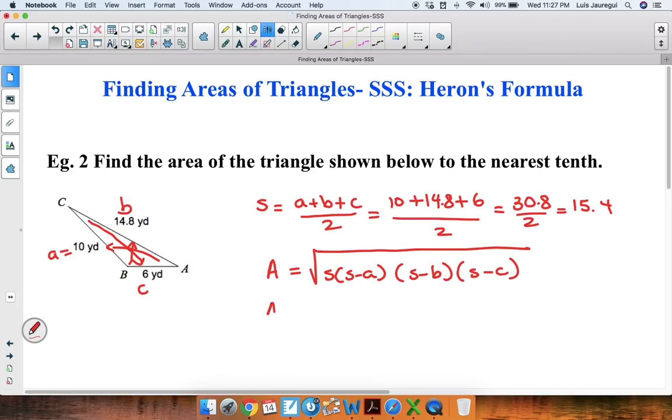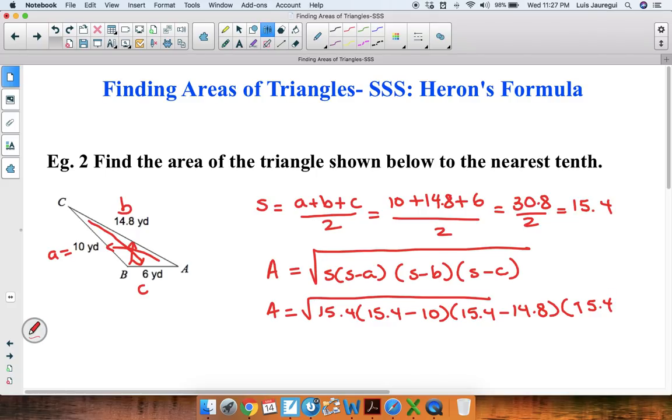So the area is equal to the square root of 15.4 times (15.4 minus 10), which is the value for a, times (15.4 minus 14.8), which was the value for b, times (15.4 minus c), which we said was 6. And remember that we're taking the square root.